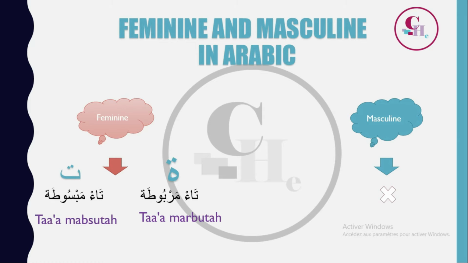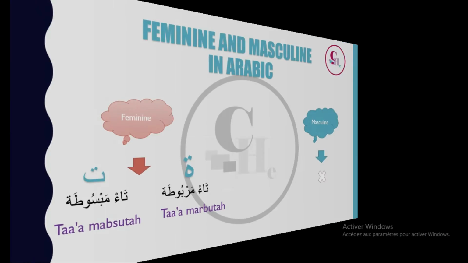The second one is تاء مبسوطة, and it has a flat character. Just remember those two types. Today we're gonna understand more about تاء مربوطة, which is the circle character.